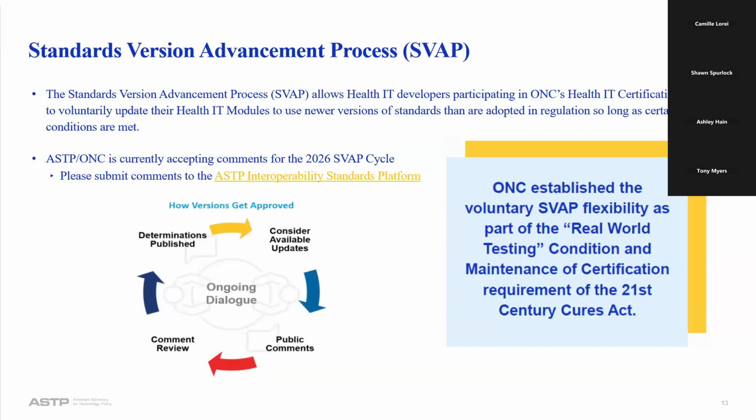So this is, again, a ripe time to provide us your thoughts. And consistent with years past, we're going to try and finalize the 2026 SVAP standards sometime this summer, June, July. And those will then be part of the program and available for use. All right, next slide.